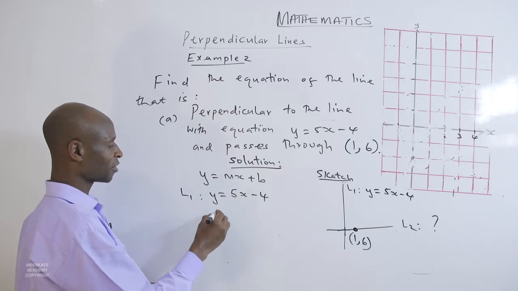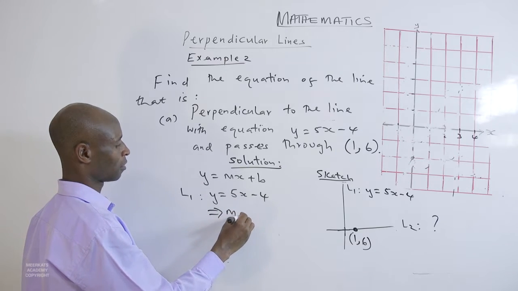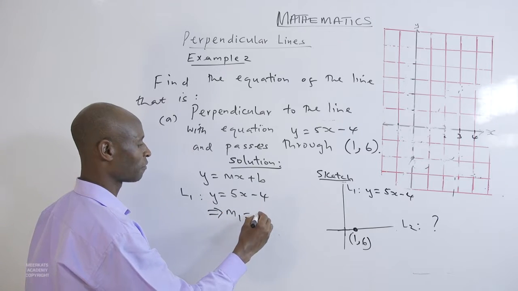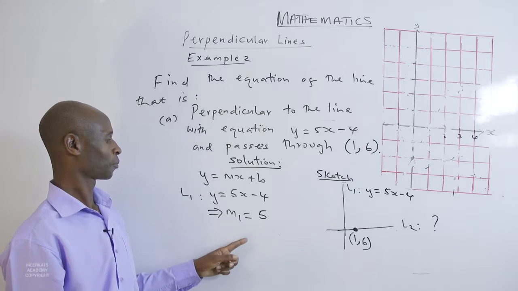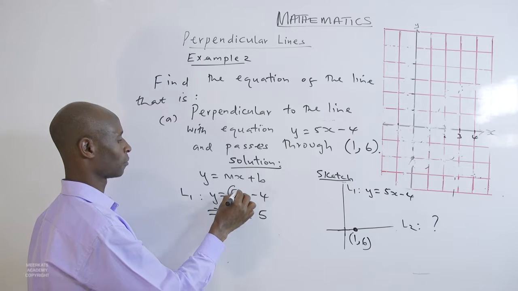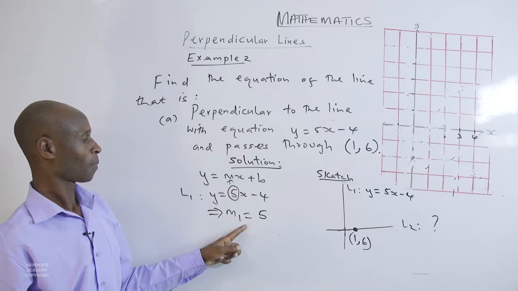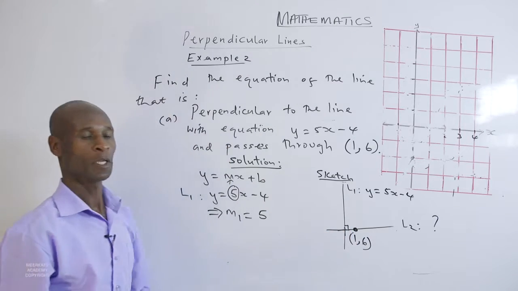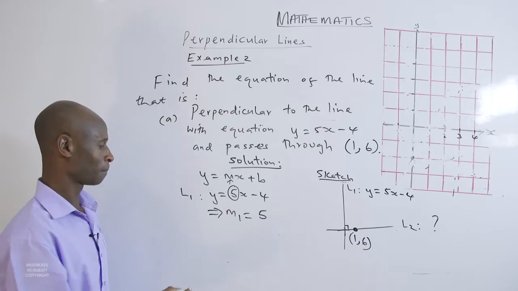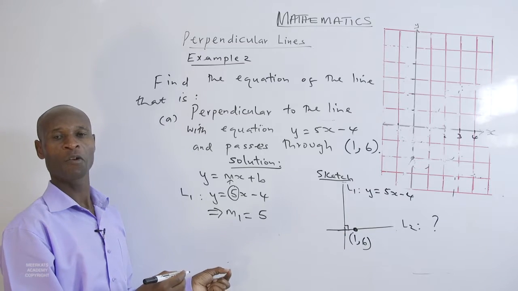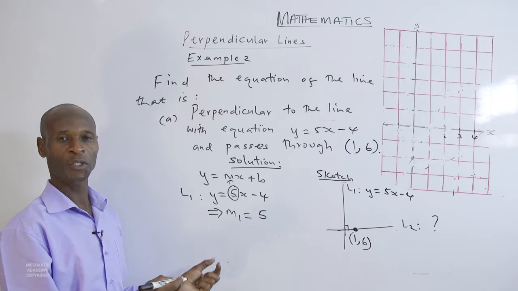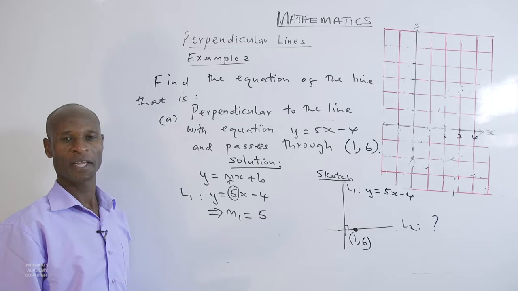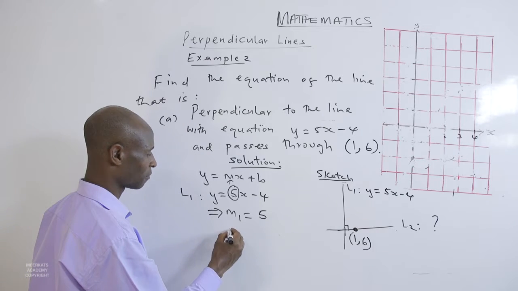That means the gradient m1 will be the coefficient of x, in this case 5. Then, because the two lines are perpendicular, indicated by that symbol, we apply the rule for perpendicular lines, and we did mention that if two lines are perpendicular, then the product of the gradients is equal to -1.